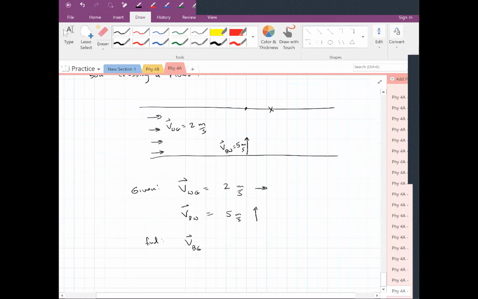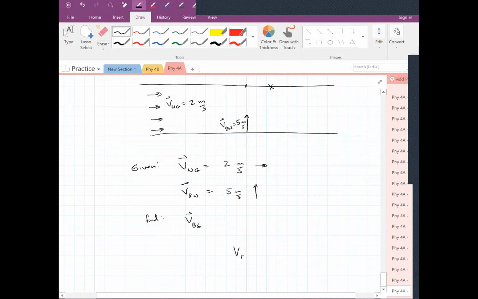So the velocity of the boat with respect to the ground is the velocity of the boat, with respect to the water, plus the velocity of the water with respect to the ground. This is a vector addition problem.